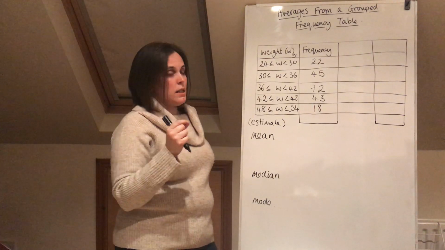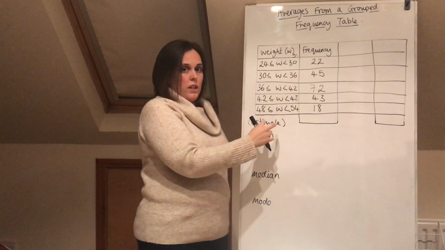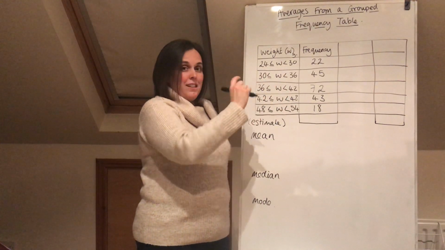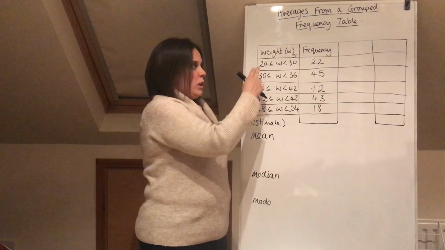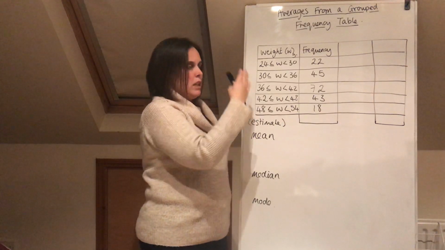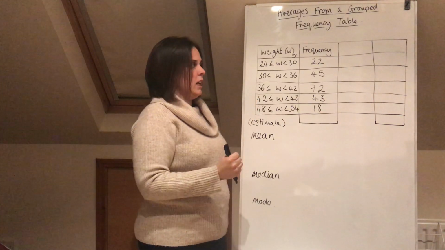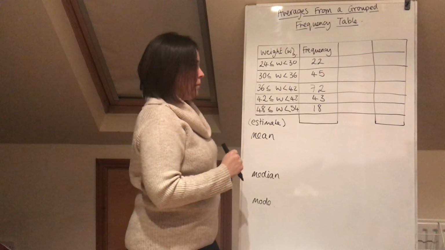The reason it's an estimate is that we find the midpoint of each of these groups and use that to do our multiplication with, okay? We could choose the bottom, we could choose the top, but it makes sense to choose something in the middle, because then it gives us an idea of what the average would be, but it is an estimate, and that's important to remember.